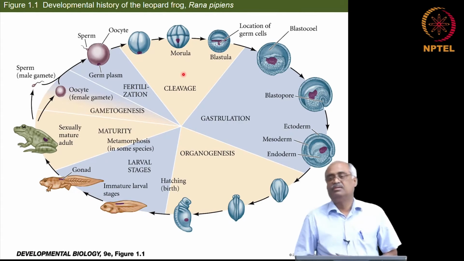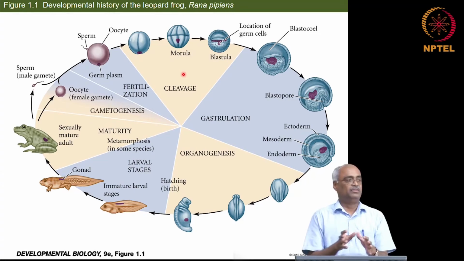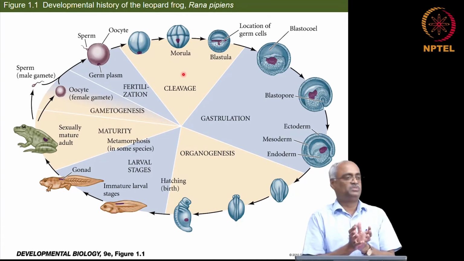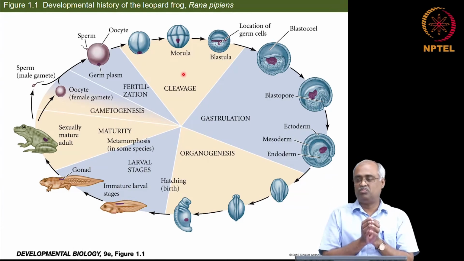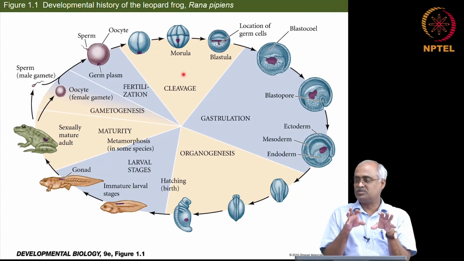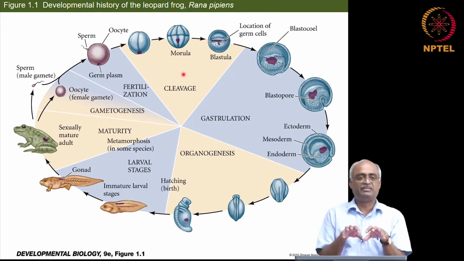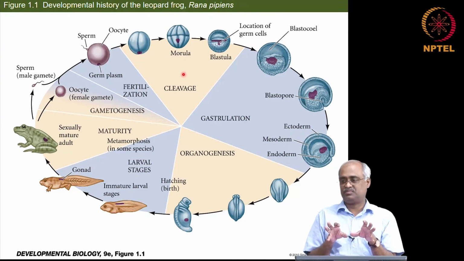And then you have a comparatively huge cell, like the oocyte in most organisms is bigger than the other cells of the body, and that is then divided into multiple small compartments, and that is why you do not say cell division here, instead you say cleavage. So, basically you are partitioning the cytoplasm into smaller cells.